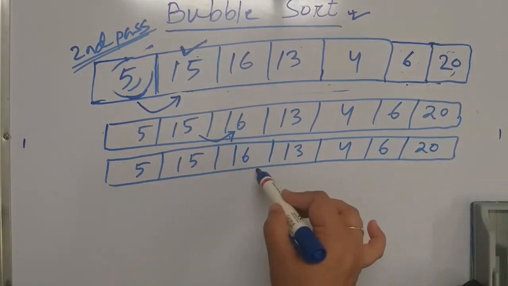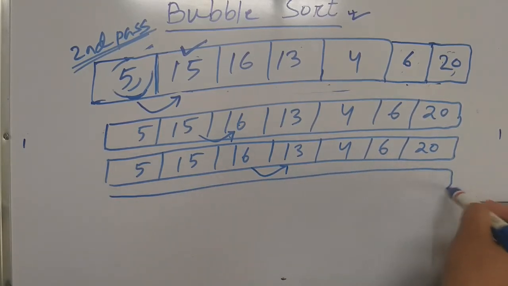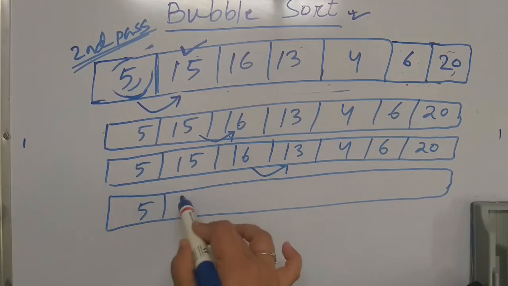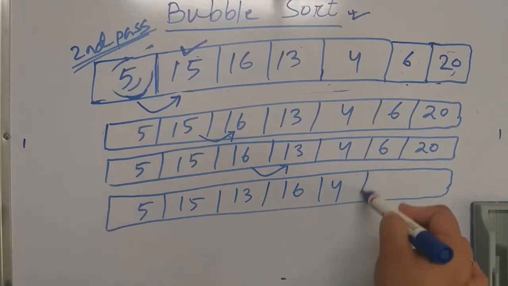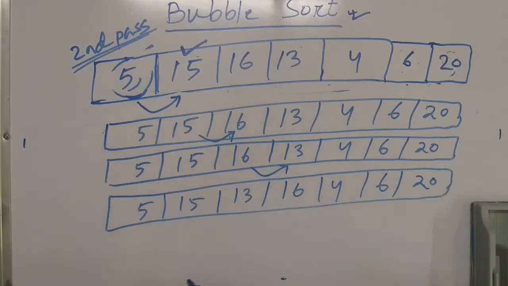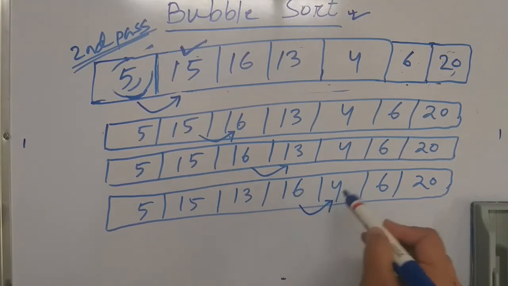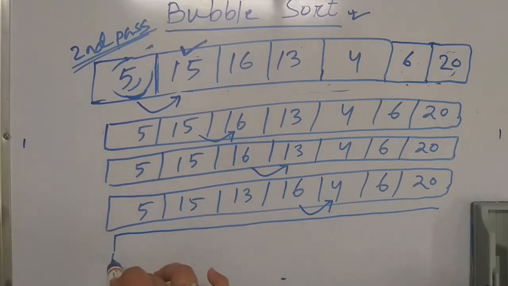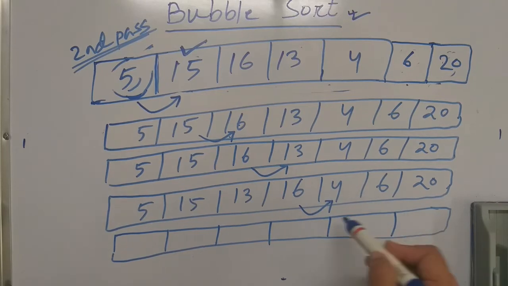Next, what do we compare here? We compare 16 with 13. Look at the result: 5, 15, then 13, then 16, then 4, then 6, then 20. After that we compare 16 with 4. Like a bubble, the movement goes to the next position like this.